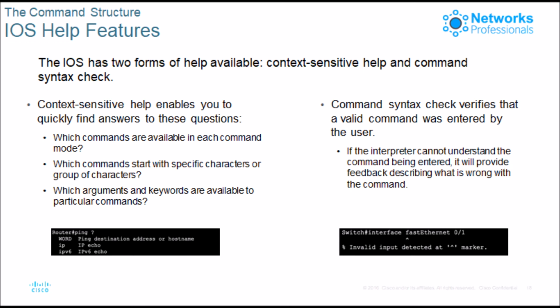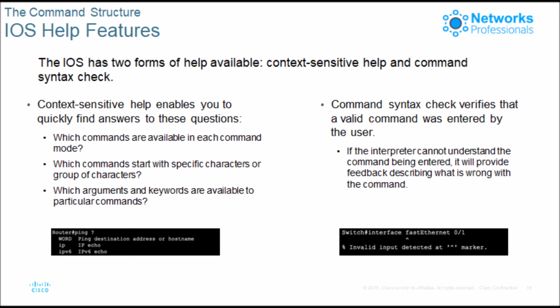Context-sensitive help enables you to quickly find answers to questions such as: which commands are available in each command mode, which commands start with a specific character or group of characters, and which arguments and keywords are available for a particular command. To access context-sensitive help, simply enter a question mark at the CLI.